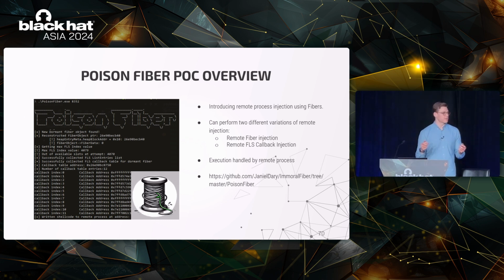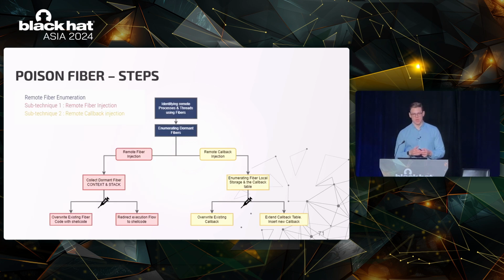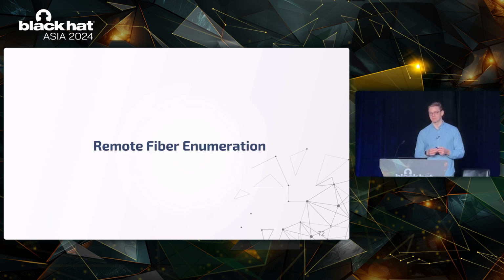It does this by either injecting directly into a remote dormant fiber or by introducing a new malicious callback. Then it relies on the application that we've injected into to schedule our shellcode for us. So here we're going to cover how to remotely enumerate fibers, then how to inject code directly into the dormant fibers, and then following that, how to inject malicious callbacks.